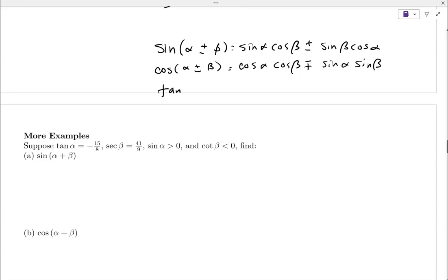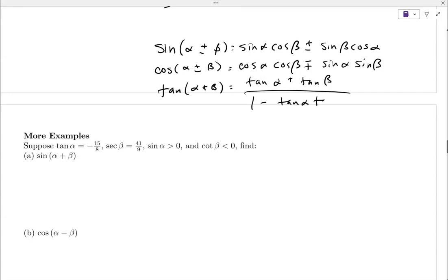And then tangent. Was what? Tangent alpha plus tangent beta over 1 minus tangent alpha tangent beta.